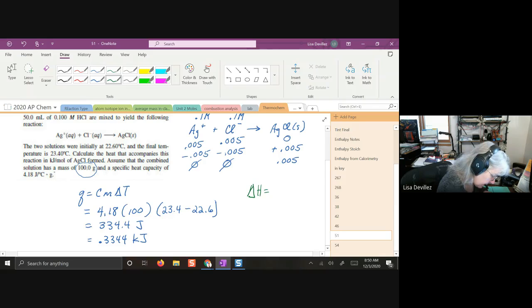Oh wait, what is it asking for? The heat that accompanies this reaction. Okay, yeah, so it's the heat of that reaction process there. Q per mole.